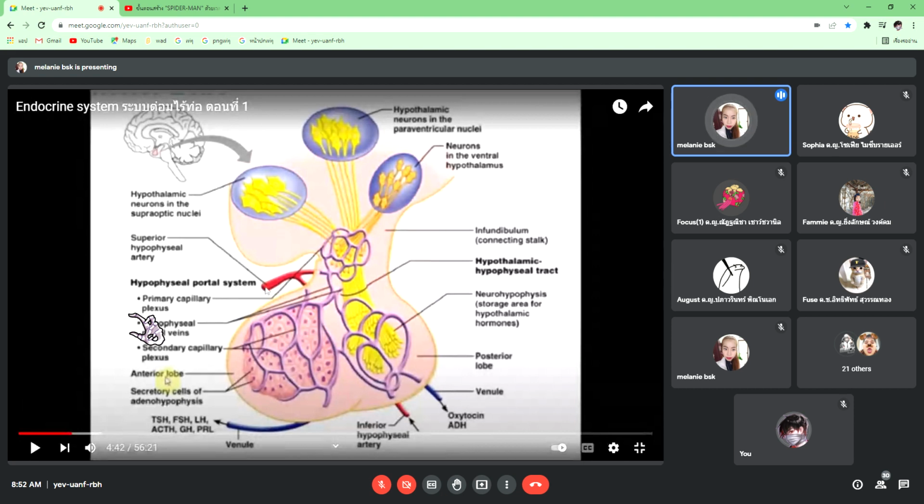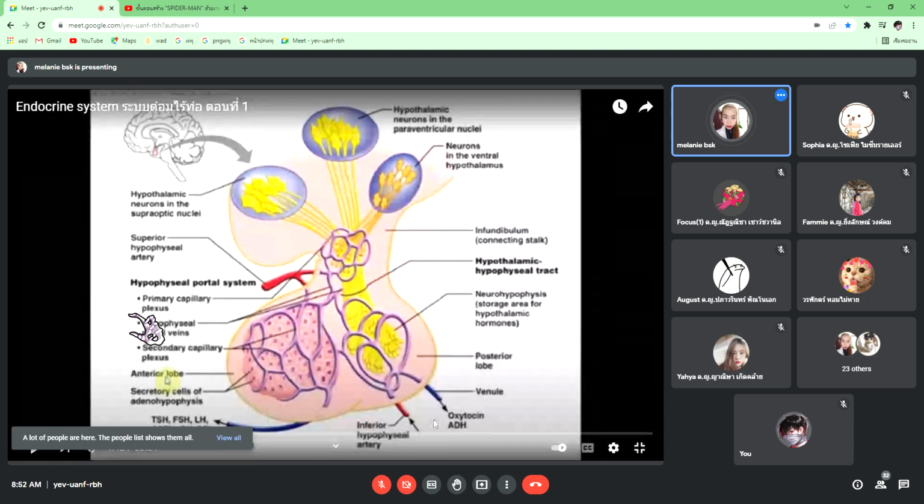Have you seen this one? This is an artery, responsible for transporting blood to your brain. Here we have your oxytocin. Here is the lower part, while superior is the upper part.